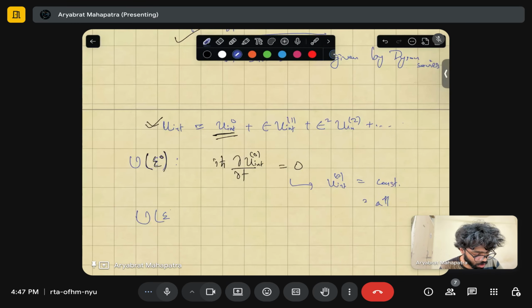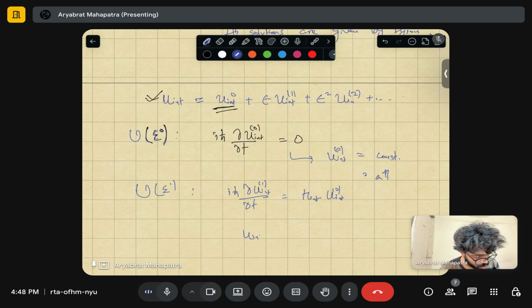For order epsilon 1, it would be i h bar del u int 1 over del t equal to H int u int 0. Then u int 1 would be minus i over h bar, integral from 0 to t dt prime H int of t prime.